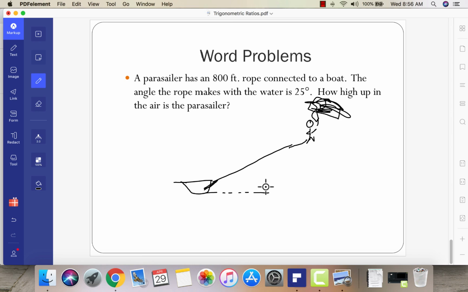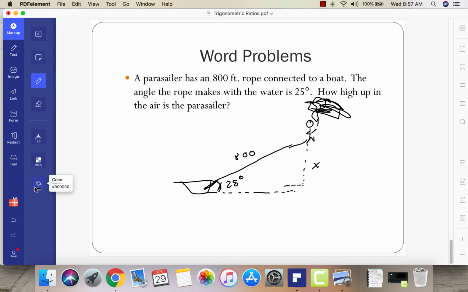All right, so this is the imaginary triangle that I am creating. It tells me that this is an 800-foot rope. So this is 800. It tells me that this angle right here from the rope to the water is 25 degrees. It wants us to find how high up, so that's right here, x, is the parasailor.